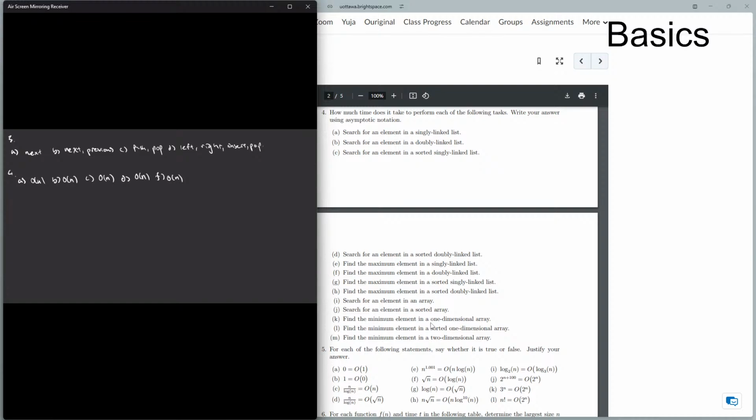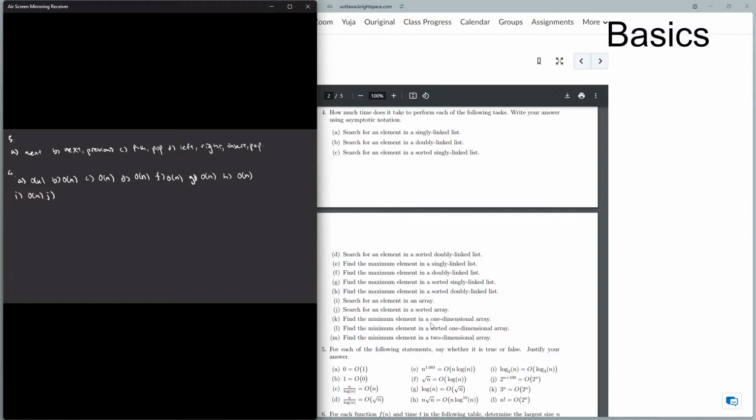That is definitely O of n. Okay, I'm not quite sure about H, because I don't know if you're actually given the pointer or the node of this linked list. But sure, I'll say it's O of n. Search of an element in an array, O of n.